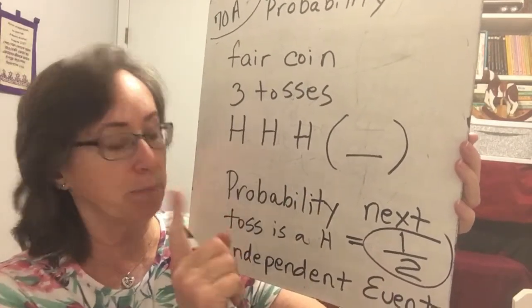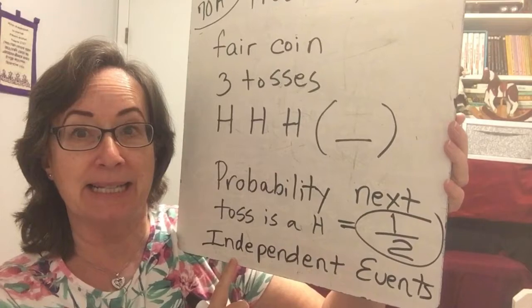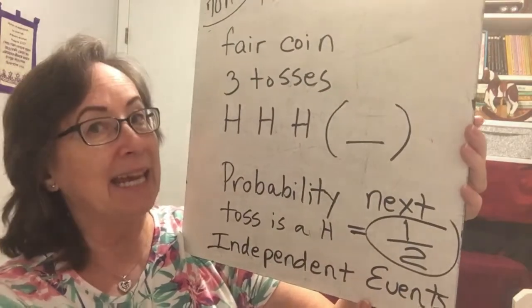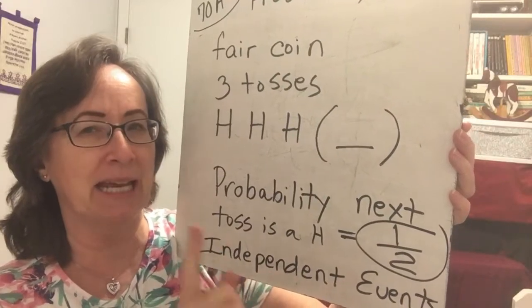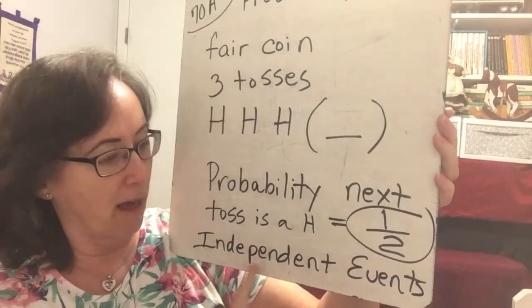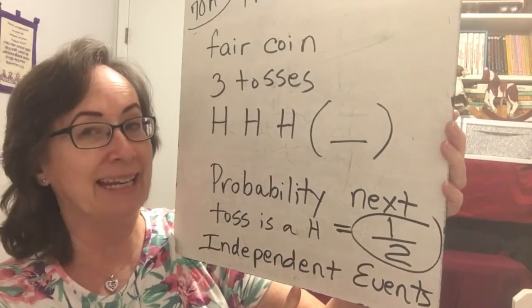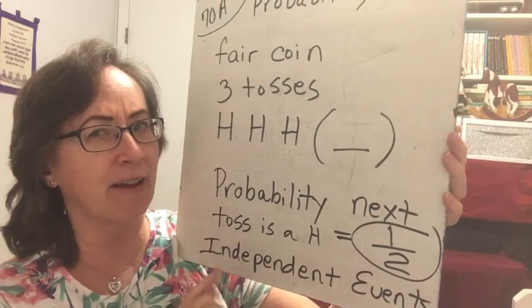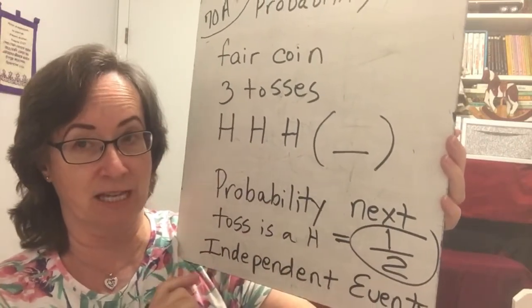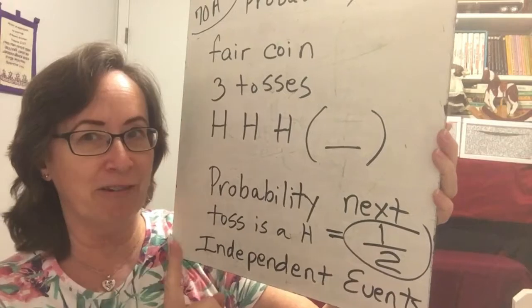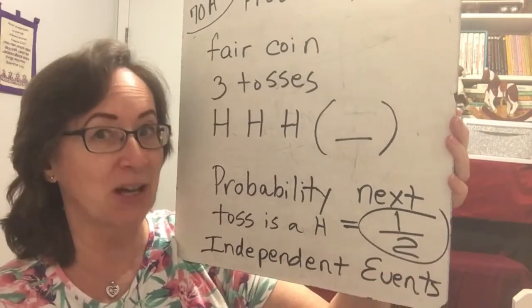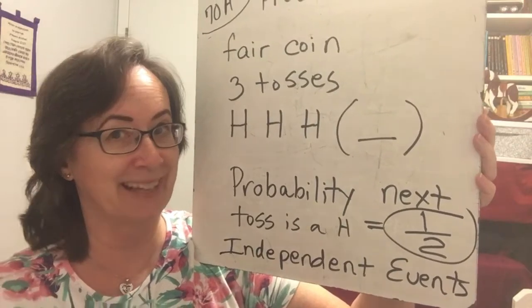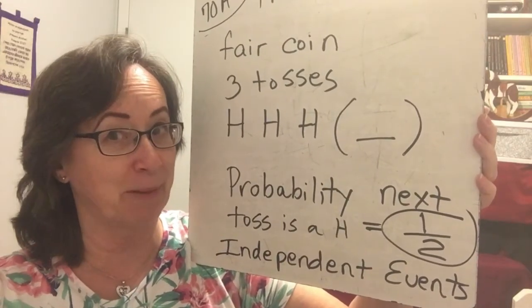That's what we mean by independent events. Each toss of the coin is a separate and independent event. And each event does not affect the next event. Okay? Therefore, each event, each toss, has its own probability and is not influenced by what has happened before.